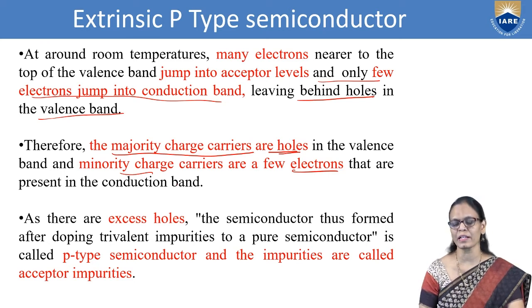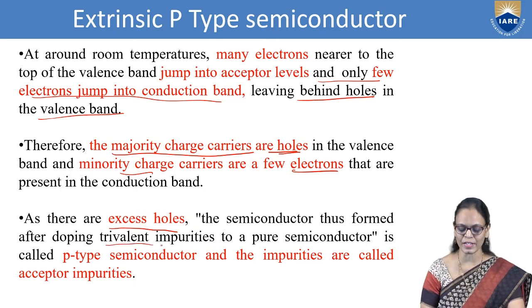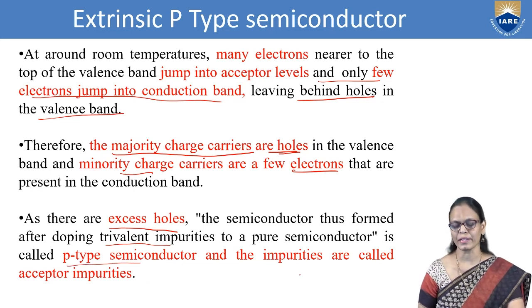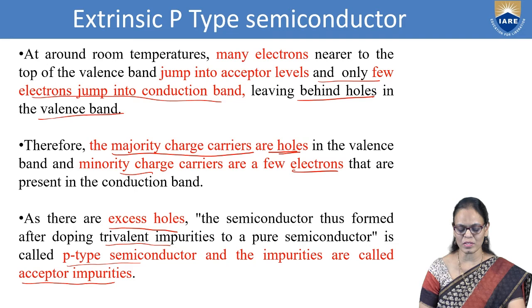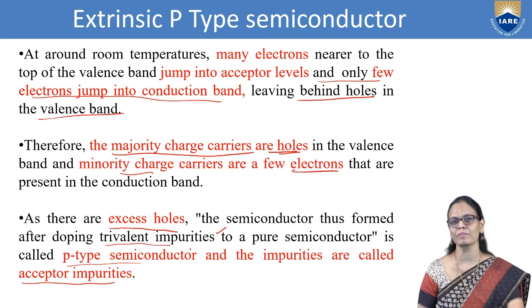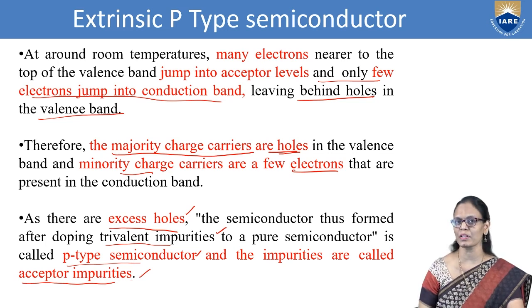Means there is an excess of holes. A semiconductor formed by adding a trivalent impurity we call a P type semiconductor, and the impurities we call acceptor impurities. So this is the gist of what we have seen till now. Because of adding a trivalent impurity, excess holes are formed, and we call it a P type semiconductor and the impurity an acceptor impurity because it is ready to accept the electrons.